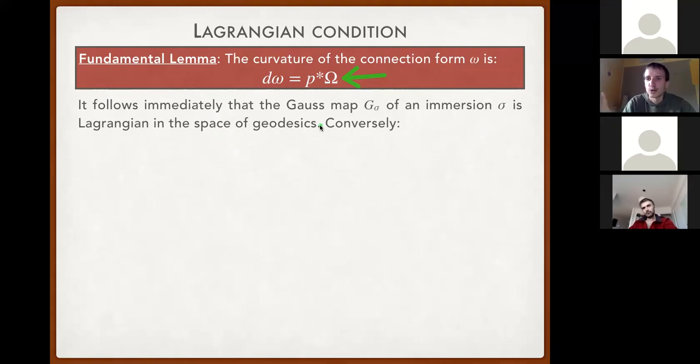once you have an immersion, we have this sigma twiddle, which was a lift to T1, and this was a flat section. So over the image of the Gauss map, our principal bundle admits a flat section. So its curvature vanishes, and therefore the image of the Gauss map is Lagrangian.